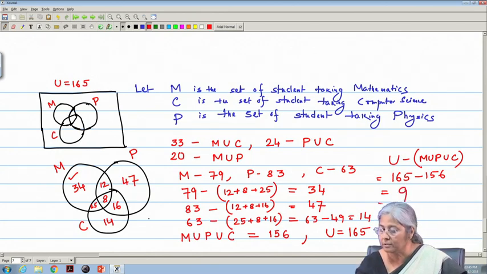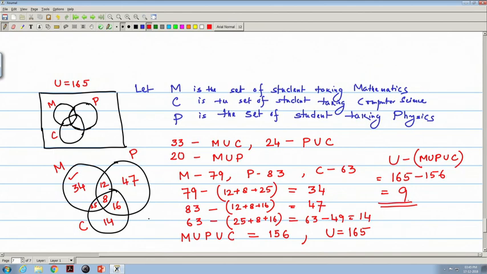So, this is my result: 9 students are not taking any of the subjects. So, this is a very common tool of solving problems using sets, using the Venn diagram, mainly the set operations.